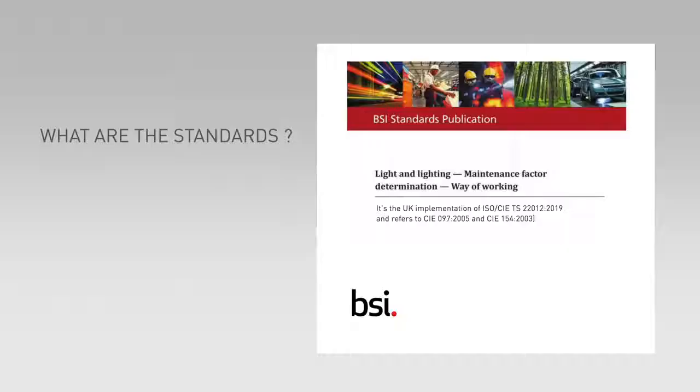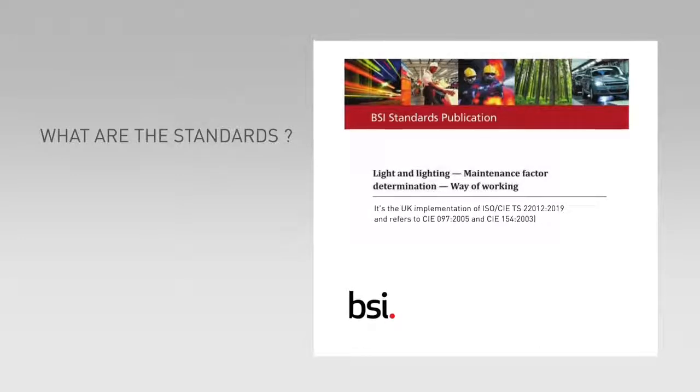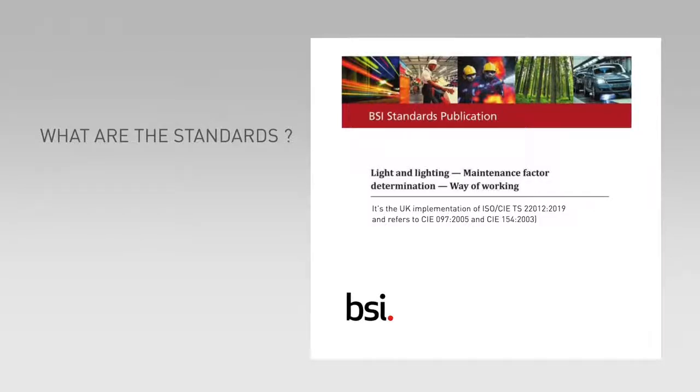There is a new document from BSI, British Standards Institution, called Maintenance Factor Determination Way of Working, and this is a technical submission. It's the UK implementation of the ISO CIE 2212 2019.